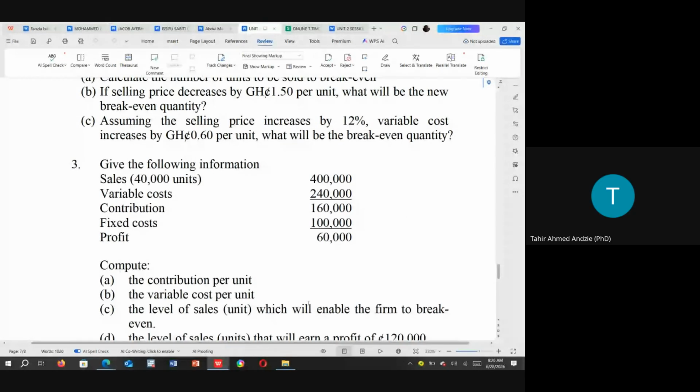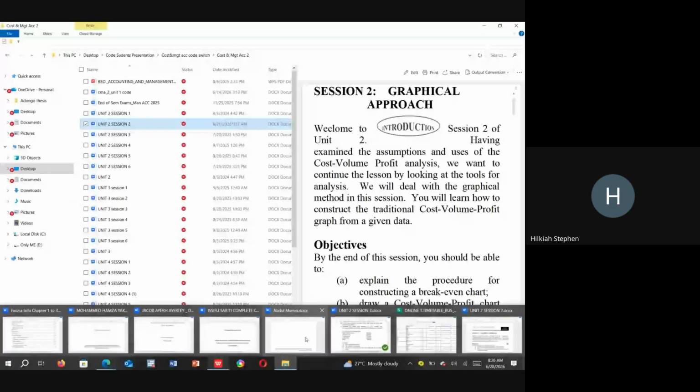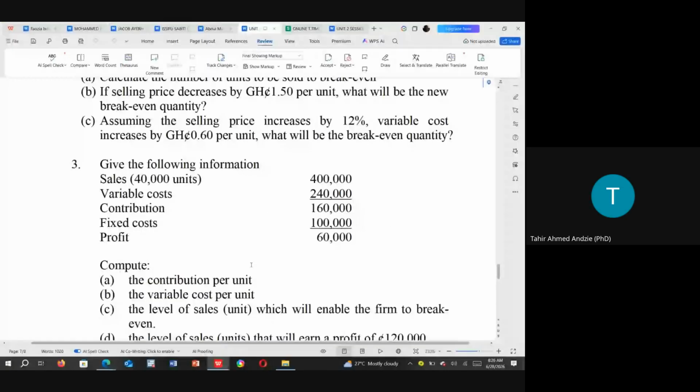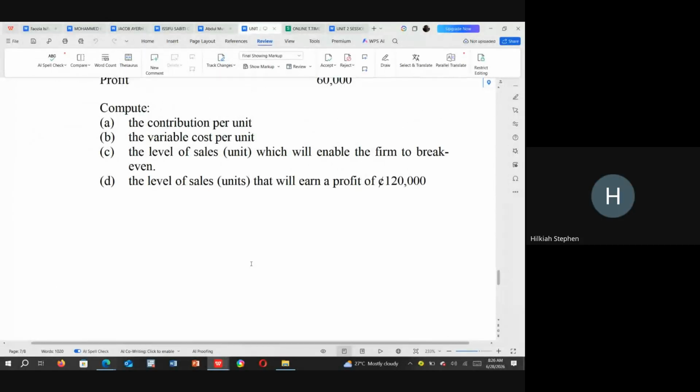Okay, so we are moving on. I hope everybody is okay. Yes, sir. The last one, the D, the break-even target profit. It's not break-even target profit.